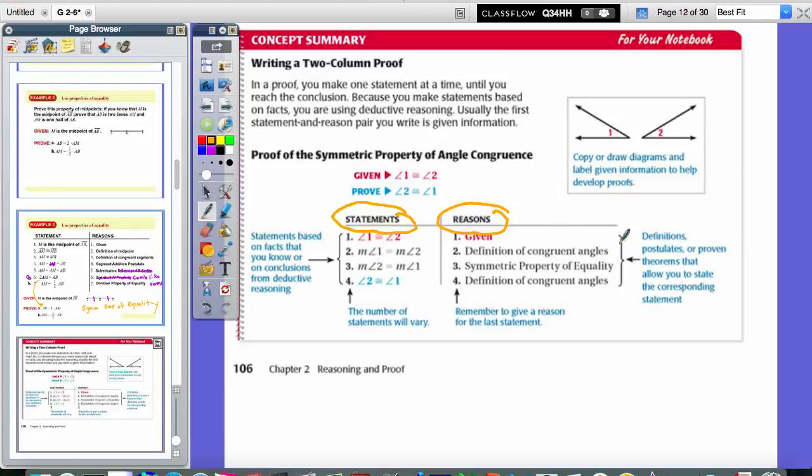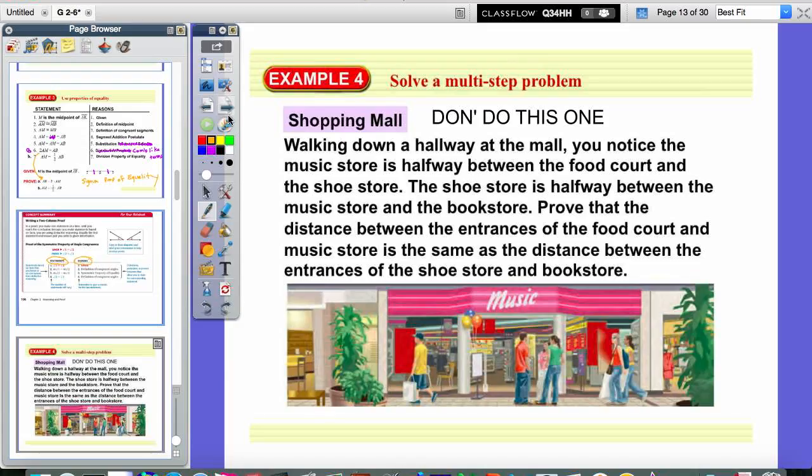And here you're going to list definitions, postulates, or proven theorems that allow you to state the corresponding statement. In this class, we will actually go through and practice proofs on proving theorems. But if I give you a theorem and we've learned it, you can use it in a proof. You don't have to go through all the steps of proving it every time you use it.